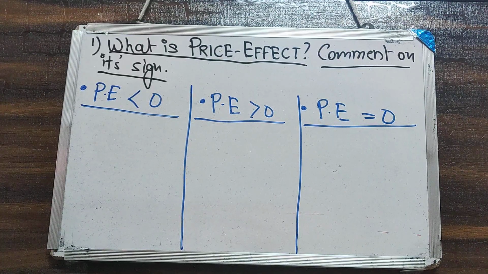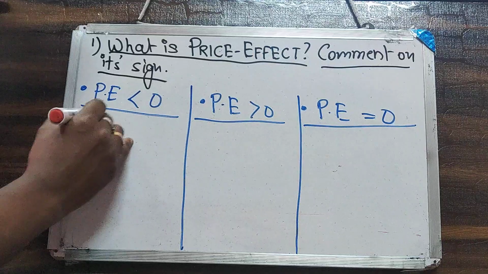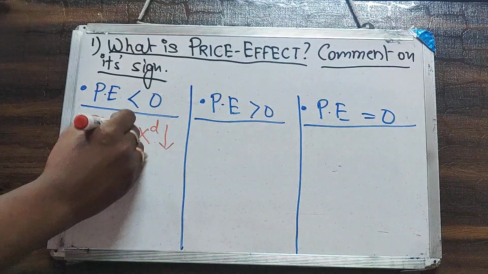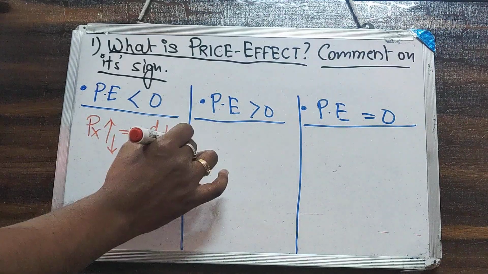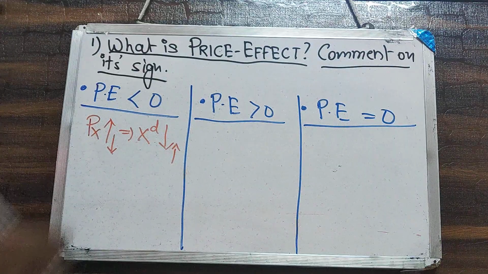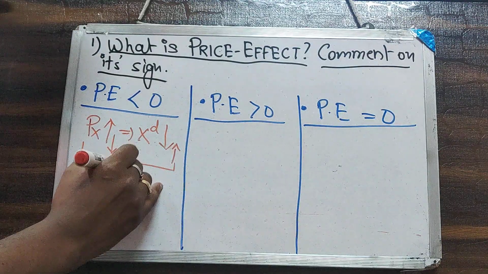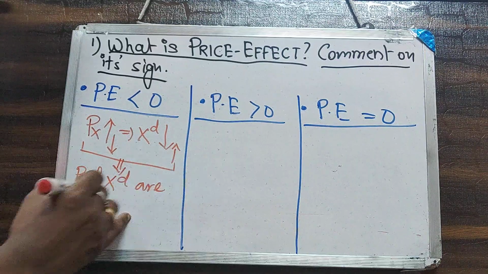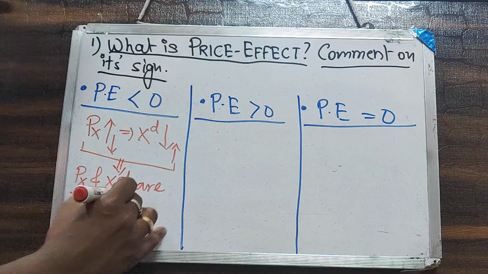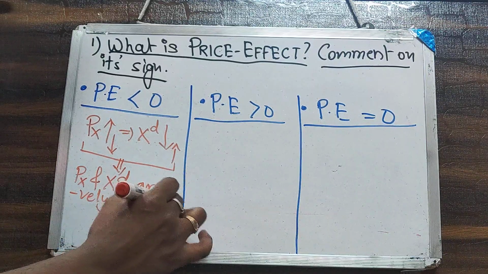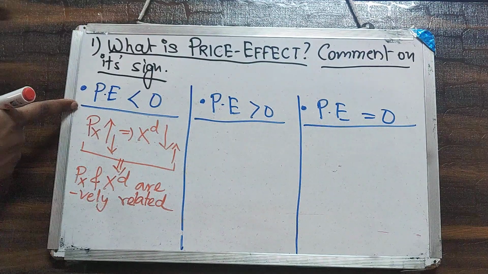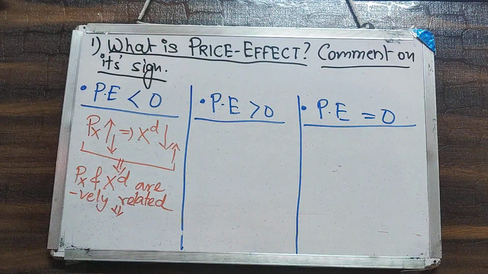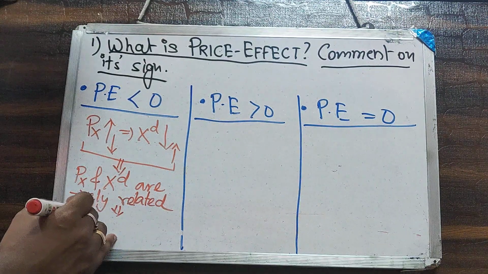Well, a negative price effect would imply that when the price of the commodity goes up, demand for it will move down, or with the fall in the price of X, demand for it will increase. This would imply that Px and Xd are negatively related to each other. So if price effect is negative, we will get a downward sloping demand curve.